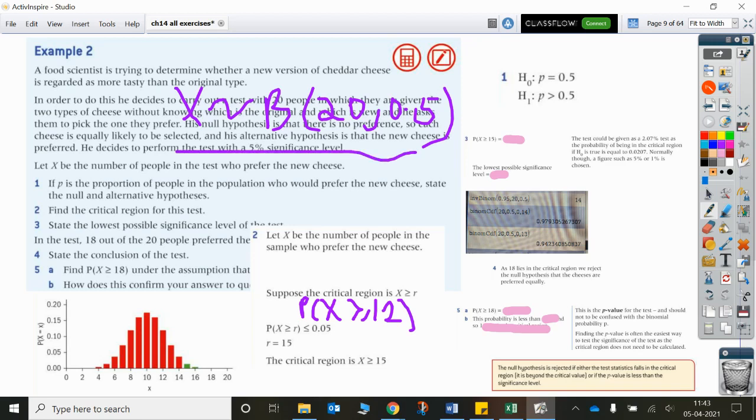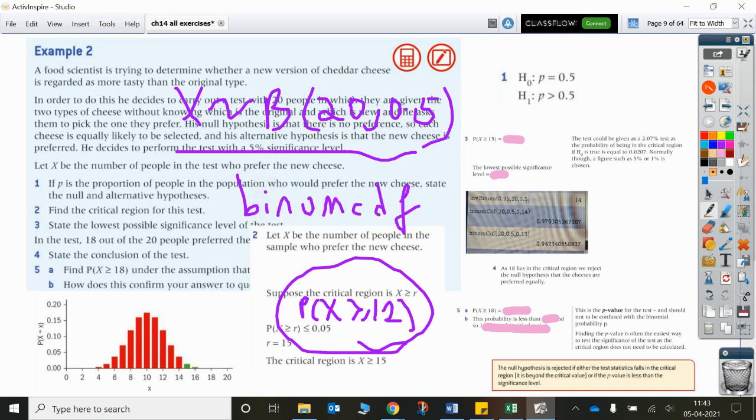So we're just going to use the scratchpad on the TI-Nspire, or the equivalent facility on your other calculators, and we're trying to find the probability based on the binomial CDF.